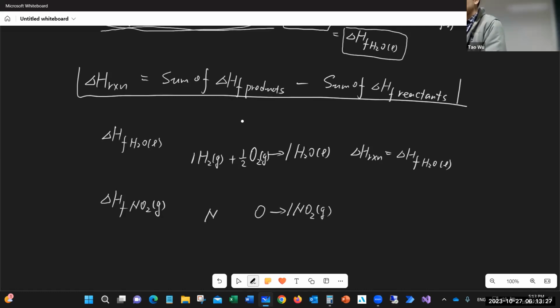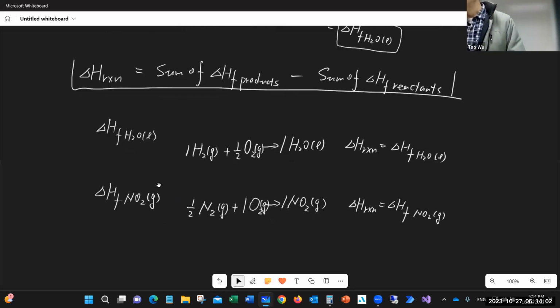Those 2 elements have to be in their most stable form, which is N2 gas and O2 gas. And then you just balance this equation, and that's it. This is 1/2 of the nitrogen, and this is 1 oxygen. So the enthalpy of this reaction is just equal to the enthalpy of formation of NO2 gas.